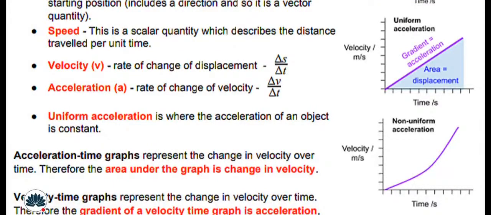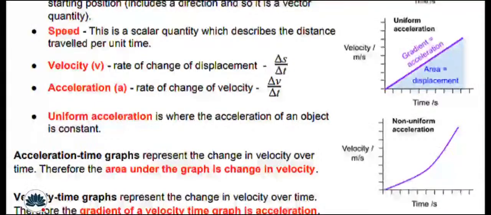You can observe this is uniform acceleration because the velocity is continuously increasing. So what is the definition of acceleration? It is the rate of change of velocity. When the velocity is changing continuously, it means that the acceleration is uniform or constant.